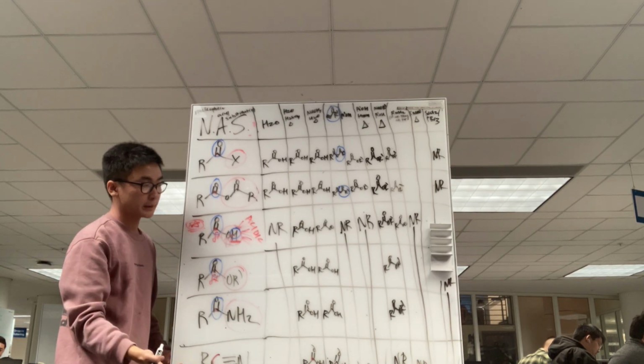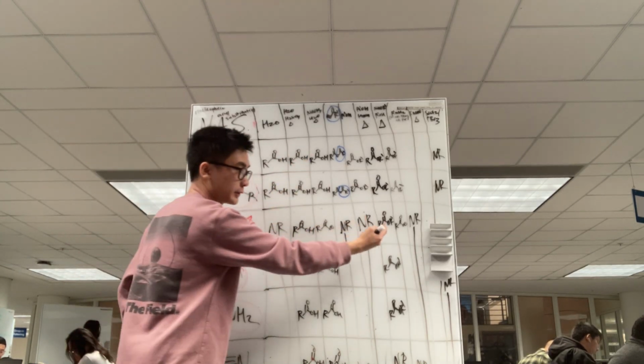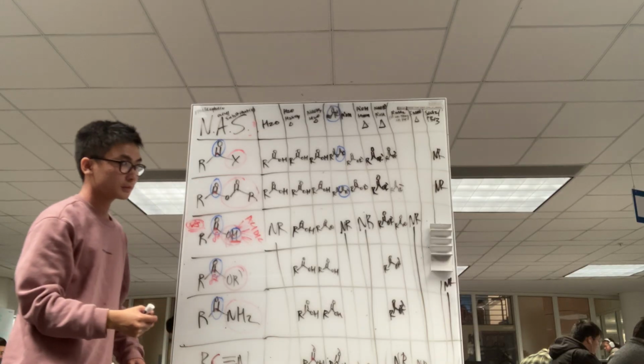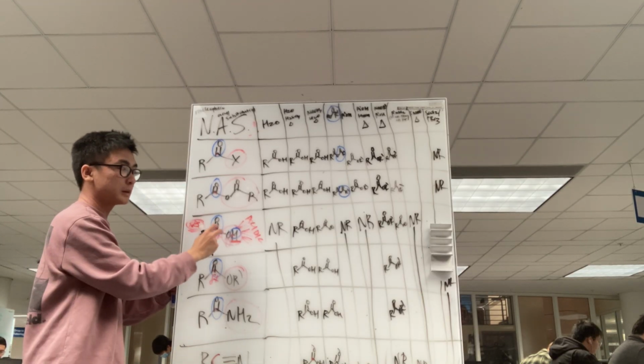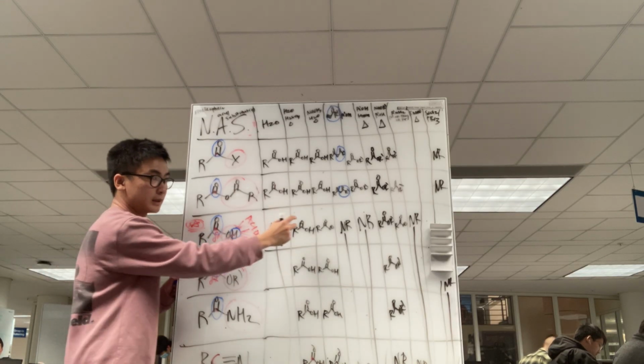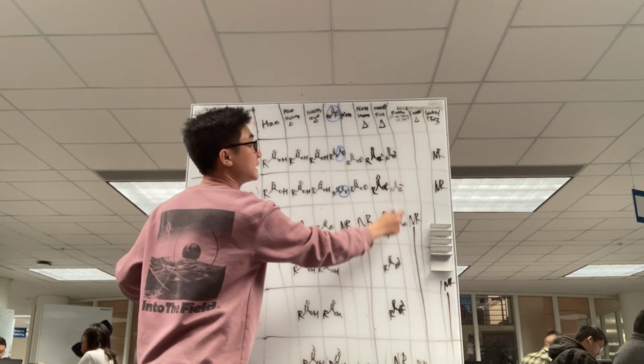Because acid-base reactions are faster, the base OR minus will deprotonate this carboxylic acid into the carboxylate instead. So that's why this right here is the starting one, because any base put into this acid would deprotonate it to the carboxylate. Base NaOH, base NaOR.